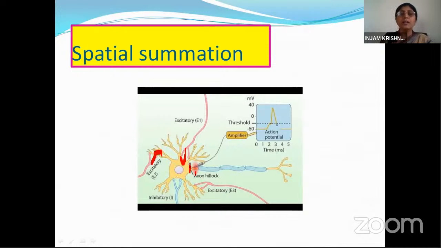Here it reaches the threshold. For example, this is minus 55. It has to reach minus 55. Here it is able to produce maybe minus 60. By joining this one, it is able to produce minus 55.